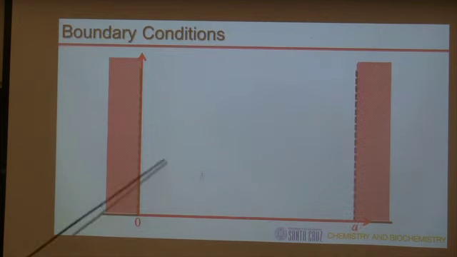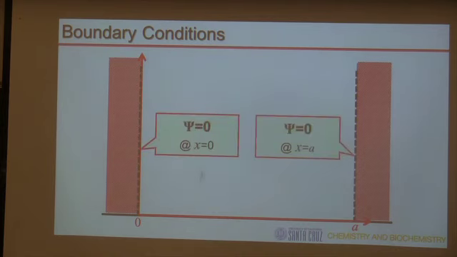But before talking about that, another important thing is the boundary conditions. Do you still remember what the boundary conditions are for the particle in a box theory? You actually have one question in your homework. The wave function should be 0 at the two boundaries. Why?